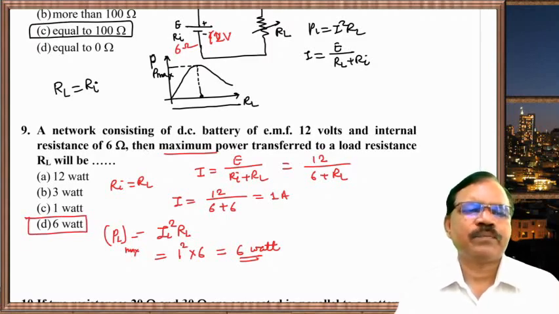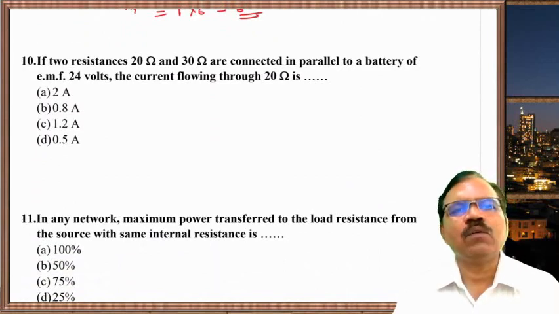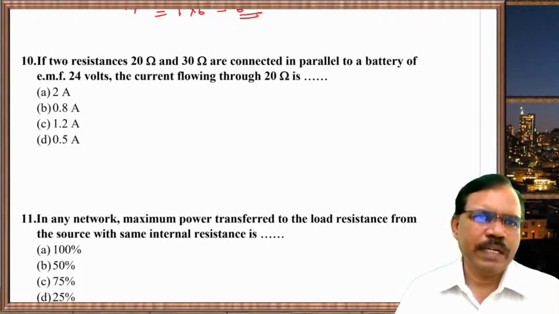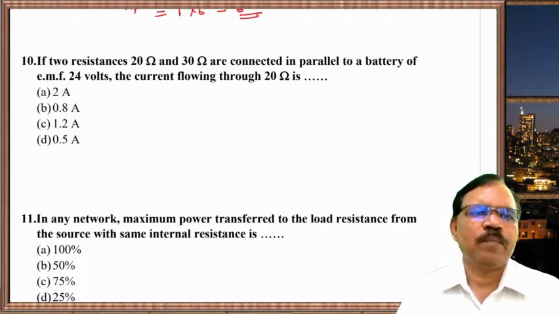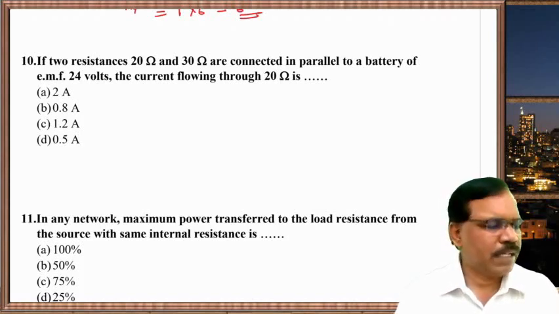Now next one, if two resistances 20 ohm and 30 ohm are connected in parallel to a battery of EMF 24 volt, the current flowing through 20 ohm is: 2 ampere, 0.8 ampere, 1.2 ampere, 0.5 ampere.